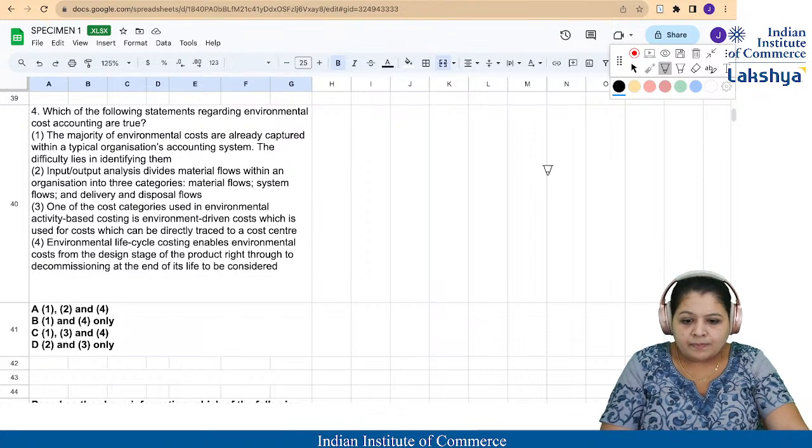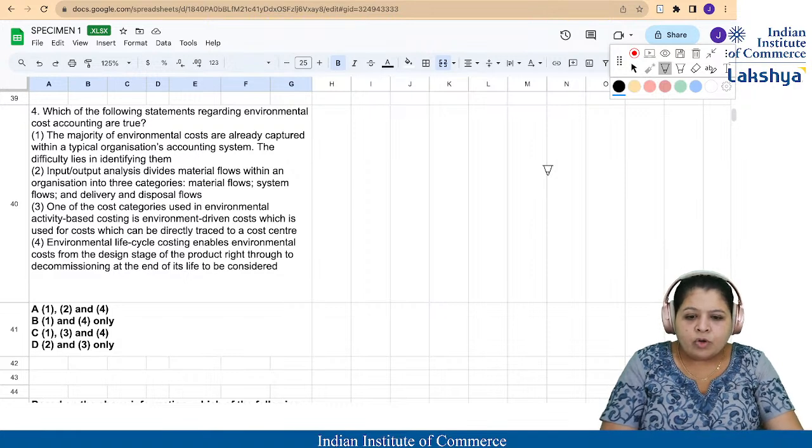What's the next one? Input and output analysis divides material flows within an organization into three categories: material, system, and delivery and disposal flow. That is incorrect for sure. One of the cost categories used in environmental activity based costing is environmental driven costs, which are used for costs which can be directly traced to a cost center.